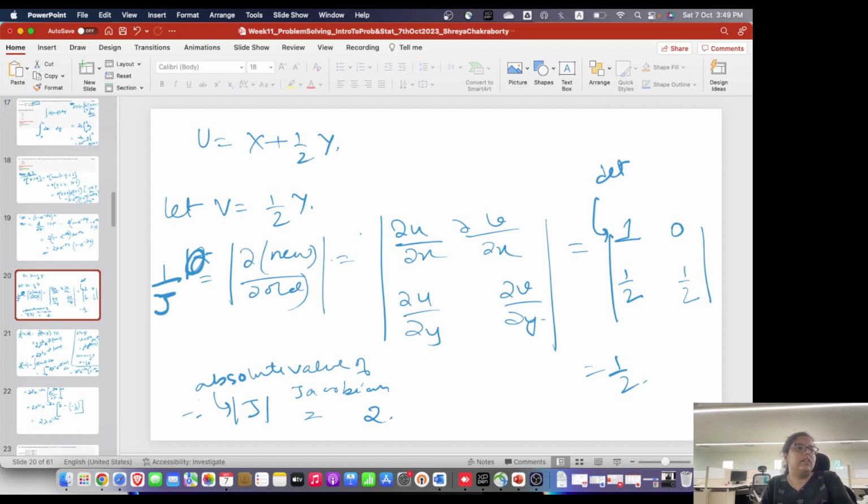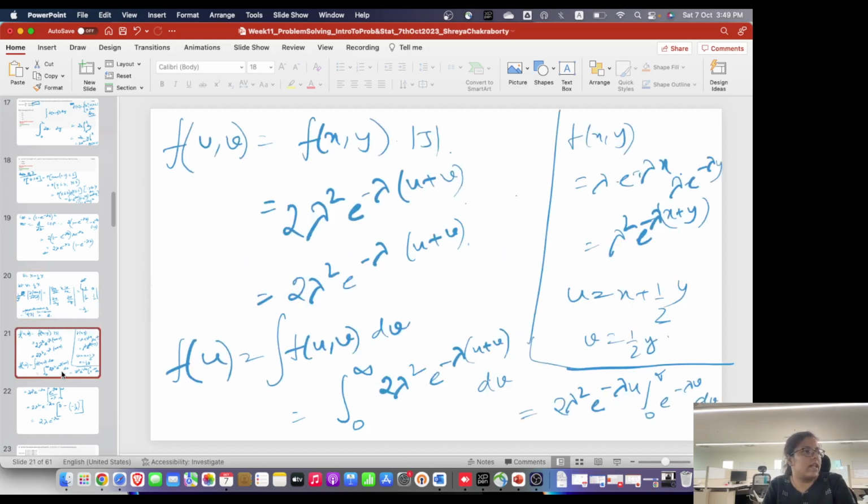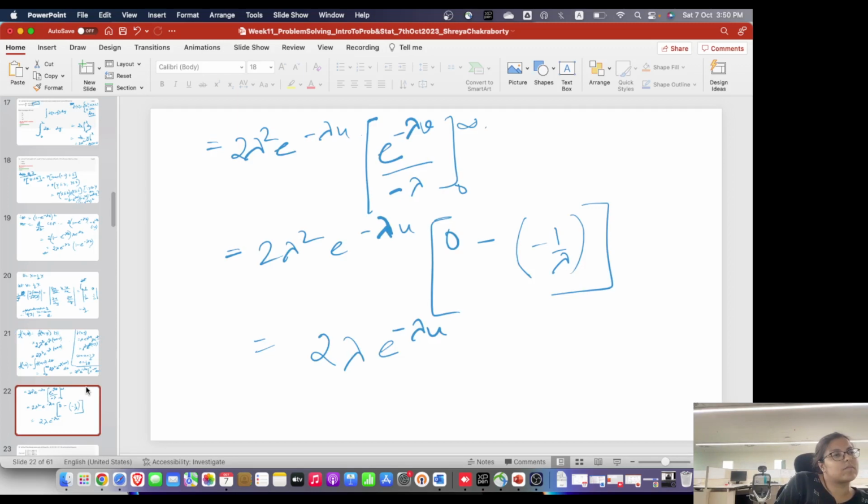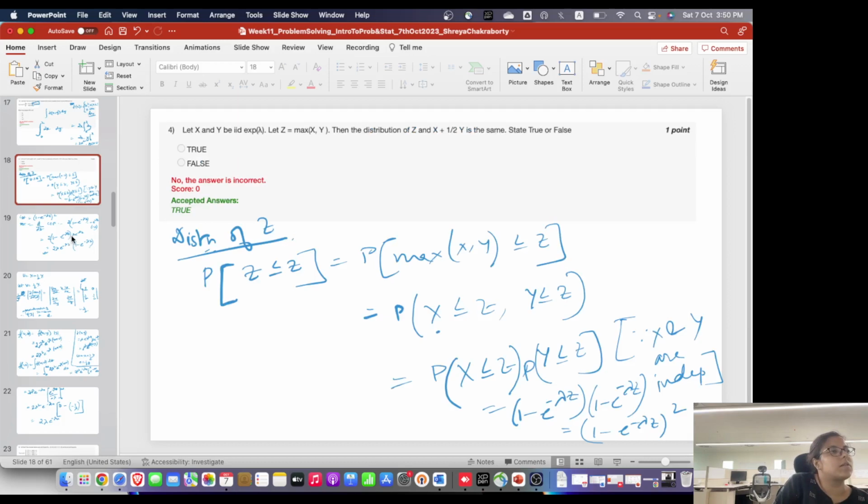V is half y and the Jacobian is 2. This is fine. This is 2 lambda square e to the power minus lambda (u plus v), which is also fine. The integration with respect to dv, into minus lambda v, there seems to be some problem here.